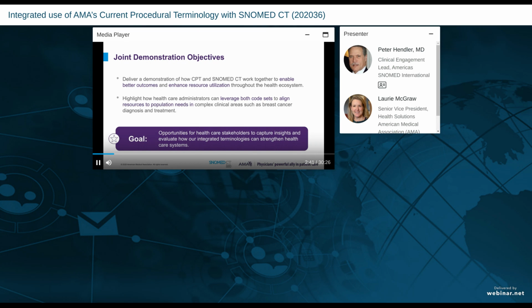This demonstration tool highlights how healthcare administrators can leverage both code sets to align resources to population needs in complex clinical areas. For the purpose of our conversation today, we will be using breast cancer diagnosis and screening as the clinical focus of our demonstration.